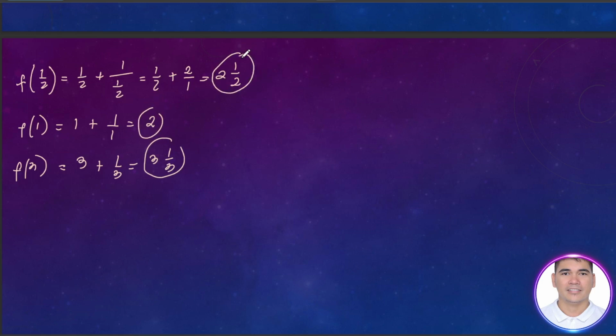This means that the absolute minimum value of f is 2. Why? Because 2 is the smallest number here, and it occurs when x is equal to 1.